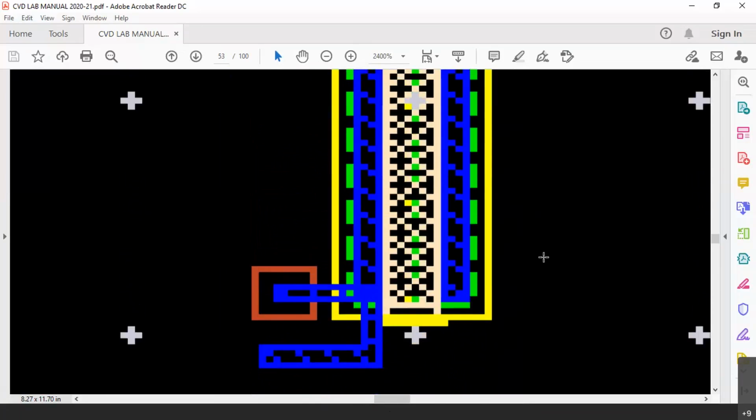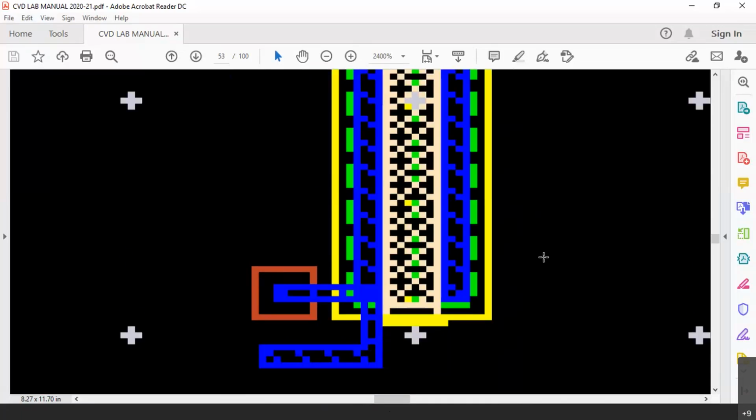As I have been telling you earlier also, layout is basically an art or a personal style. In this common source amplifier, we have made the layout in the vertical fashion. That means we have placed the devices in the vertical way. It is not mandatory that devices have to be vertical always. They can be horizontal also. In the next experiment, I will show you, we have made it purposefully horizontal, so that there can be multiple ways of making a layout.